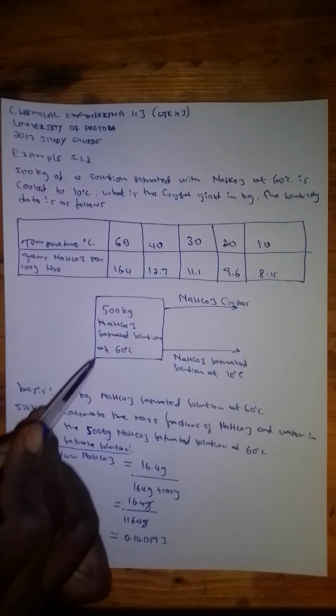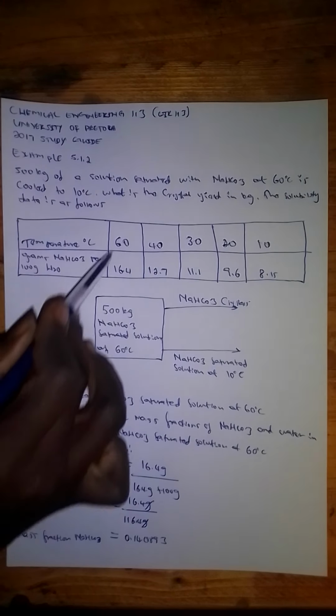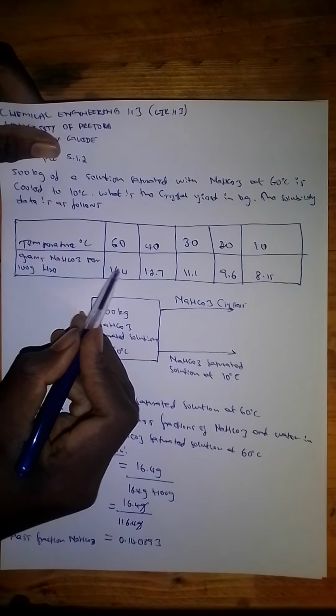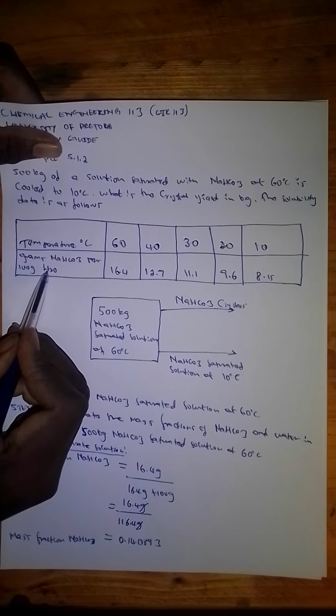Now we need to calculate the mass fraction of water, still at 60 degrees. The mass fraction of H2O equals, remember they say it's 16.4 grams for every 100 grams of H2O, so the H2O is 100 grams.